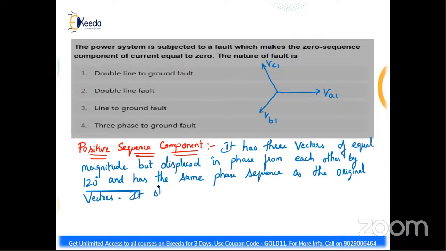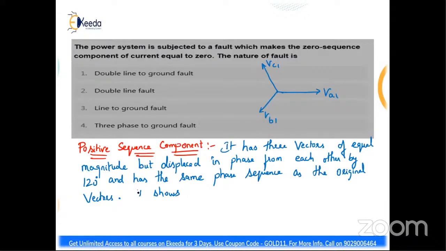So it shows what the positive sequence is.